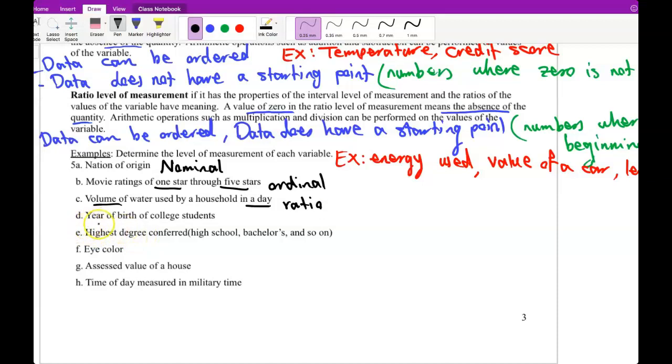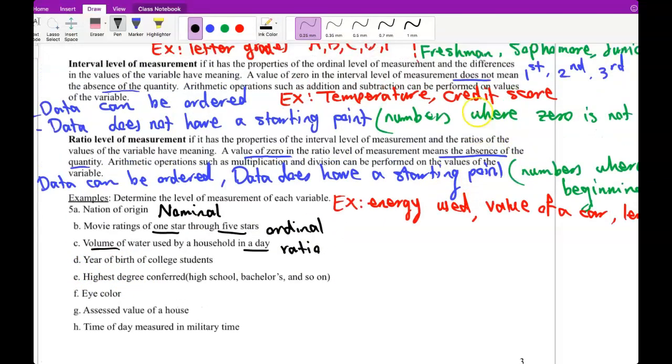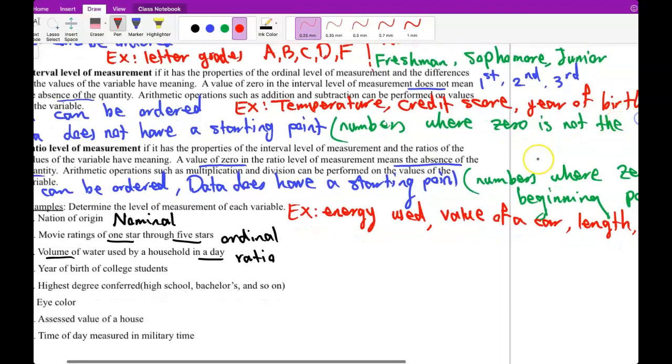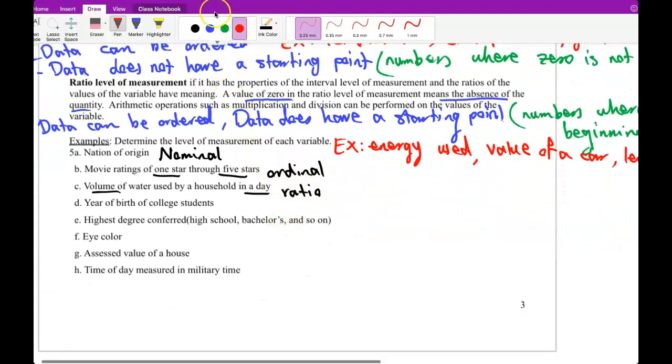Part D, year of birth. Let me add that one here. This is another example for this part. That is interval. Part E, highest degree.